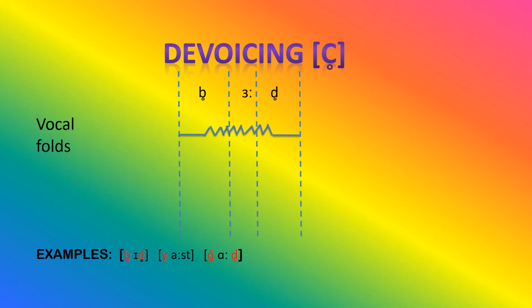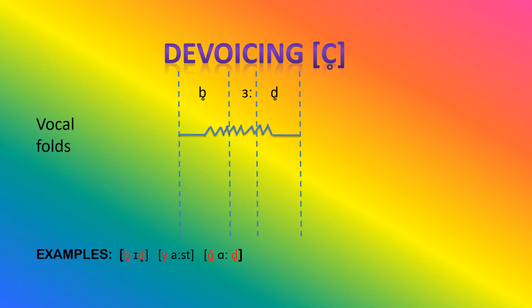Devoicing affects all voiced consonants which have a voiceless counterpart, and it consists of removing some voicing from the originally voiced sound. This occurs because the vocal folds start vibrating after the sound begins to be produced or stop vibrating before we complete the pronunciation of the sound.